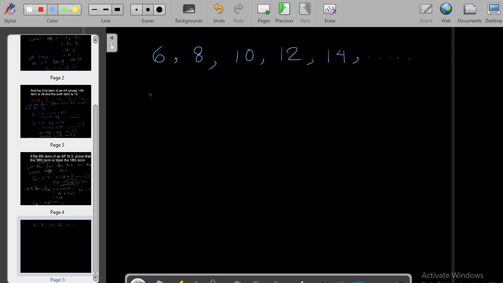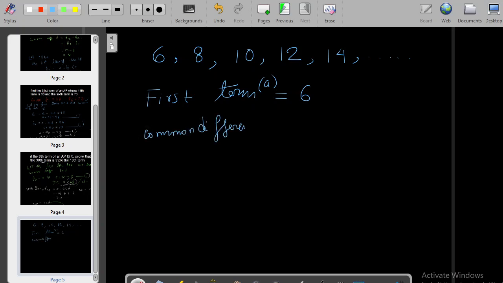In this AP, the first term is 6, and that is A. The common difference D is nothing but: pick any term, like 14, and subtract the previous term, that is 12. That is 14 minus 12, so it is 2.